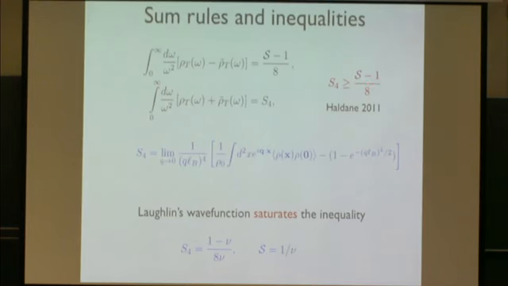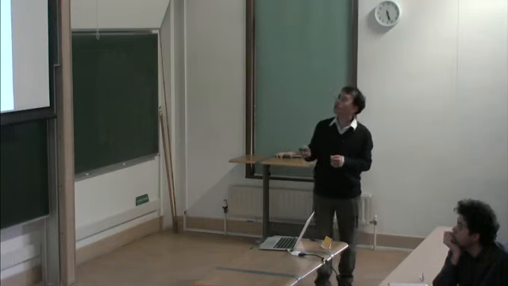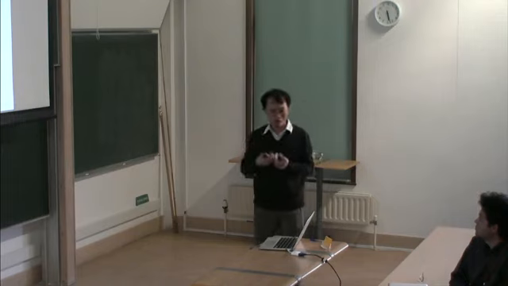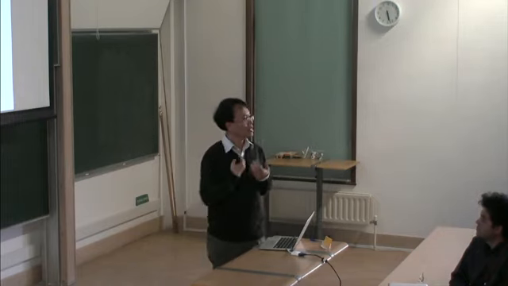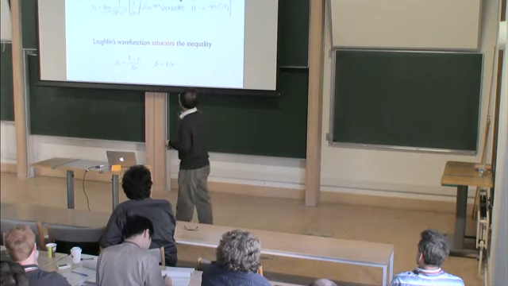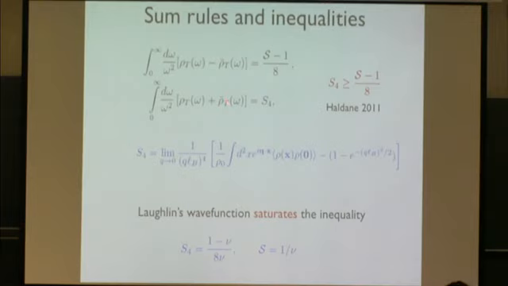This inequality was first proposed by Haldane in 2011, and we reproduced it. What is interesting is that Laughlin's wave function saturates the inequality. So there is something special about the Laughlin wave function, or the Hamiltonian that gives rise to the Laughlin wave function as the ground state, that one of the spectral densities is exactly 0 at all frequencies.